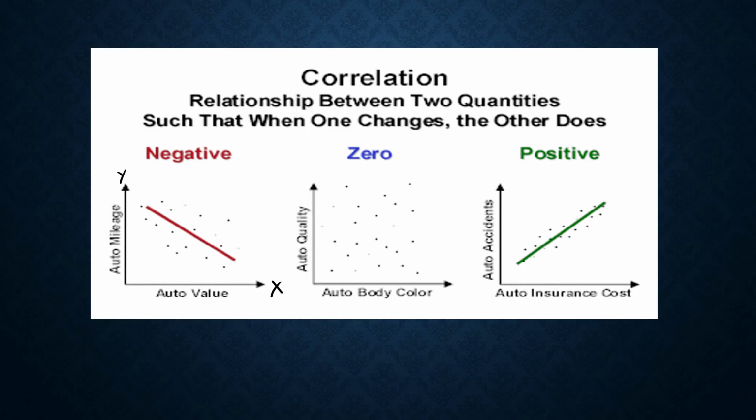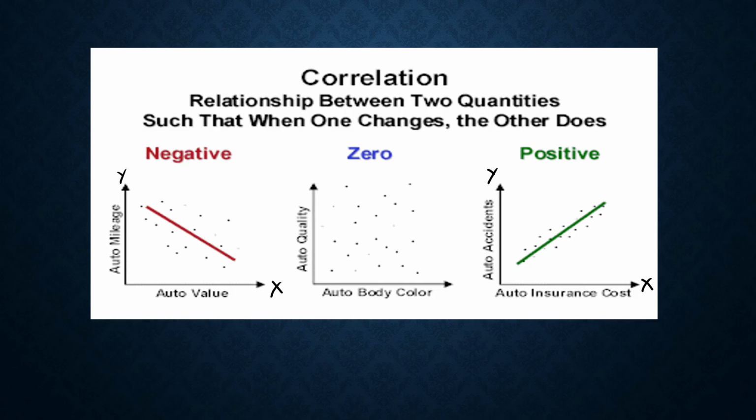However, on the other one, as the value of x increases, the value of y also increases. As the auto insurance cost increases, auto accidents also increase. Thus, you have a positive correlation.